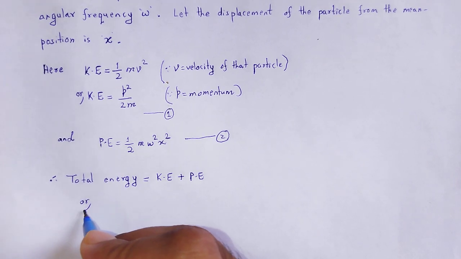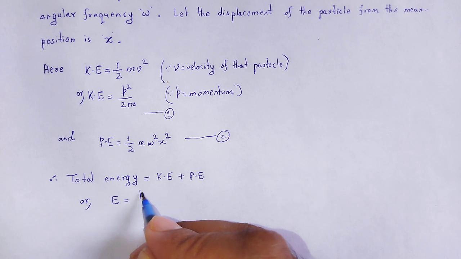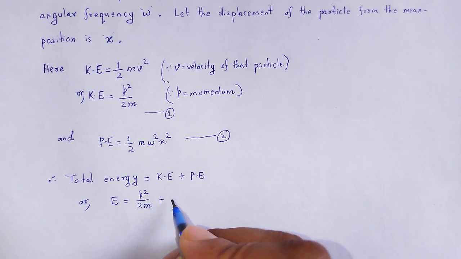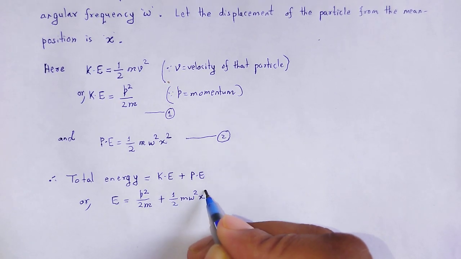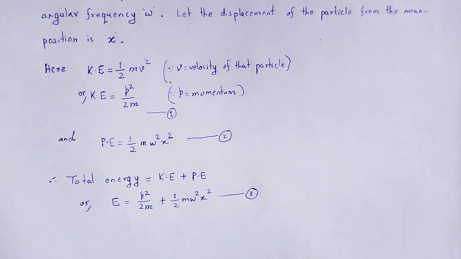The total energy is equal to p square divided by 2m plus half m omega square x square. Equation number 3.